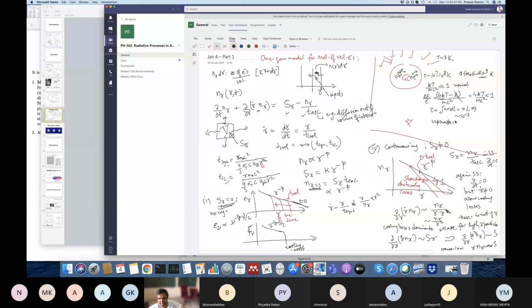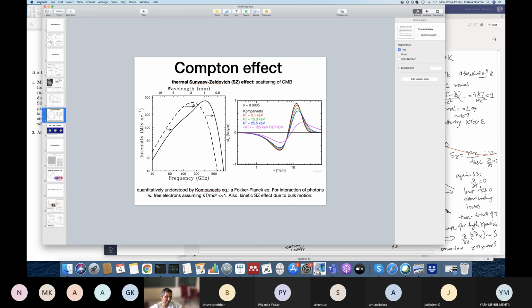Basically, photons will gain energy because electrons are hotter than the photons. So on average, the photons that come out after scattering will have higher energy compared to the ones which came in. So what happens is something like this. This is your CMB spectrum, and only 1 out of 10 to the 3 will get upscattered.